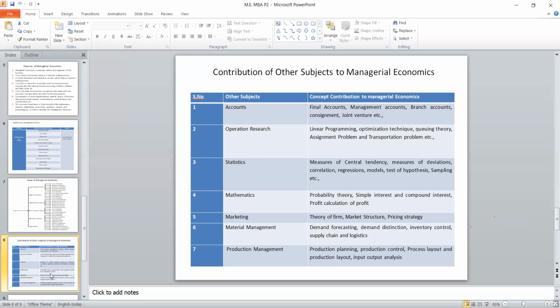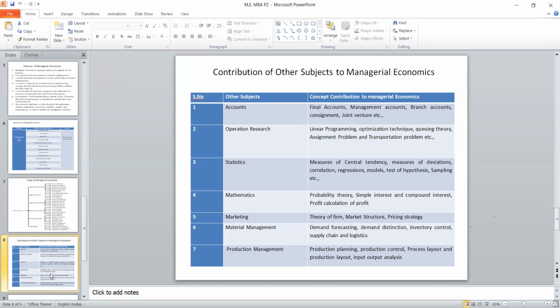Linear programming is not only operations research; there are also the assignment problem and the transportation problem. Managerial economics includes all these things. That is why it is very practical. These concepts, linear programming, queuing theory, and the transportation problem, are included in managerial economics under the discipline operations research.